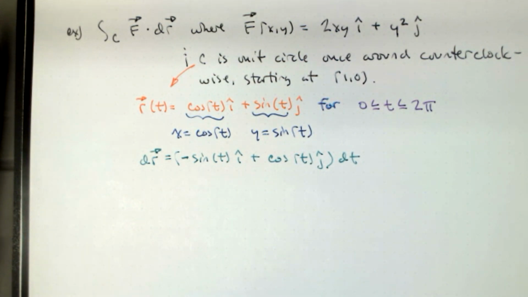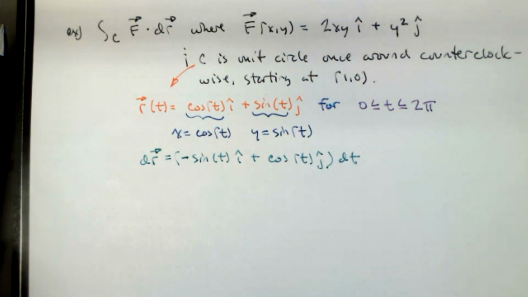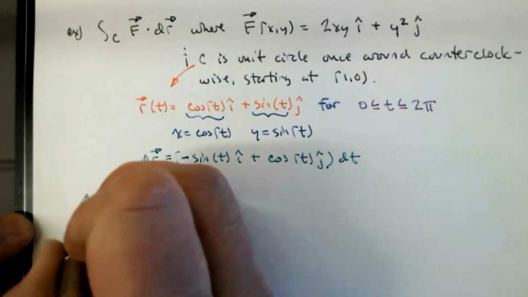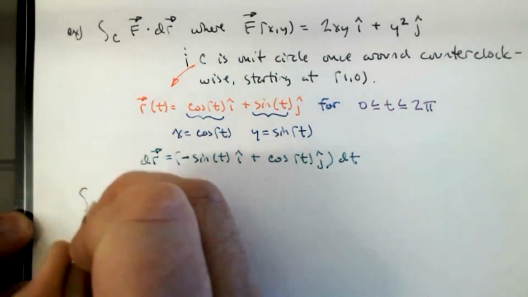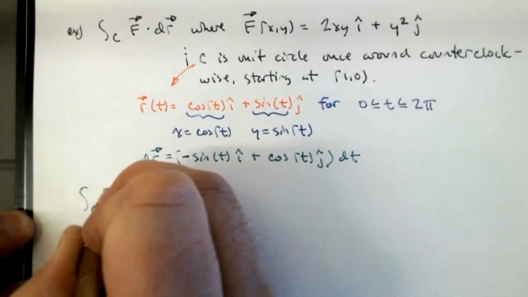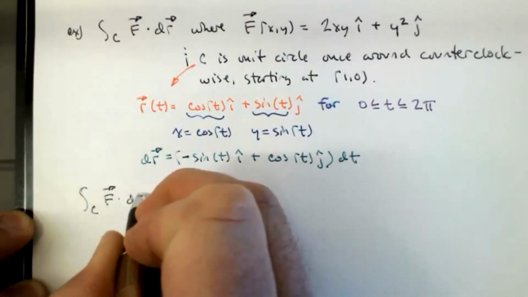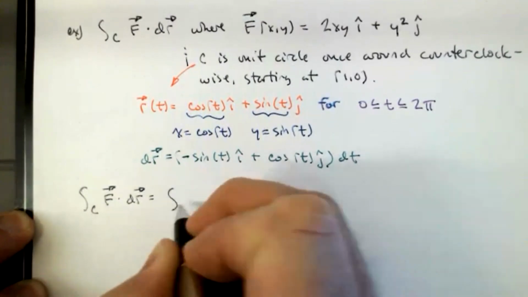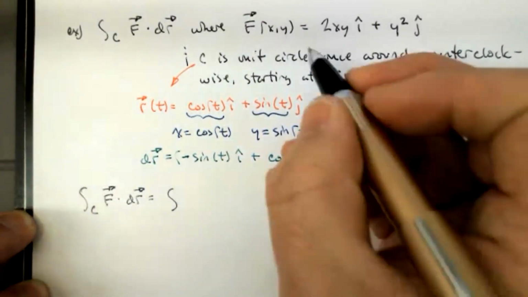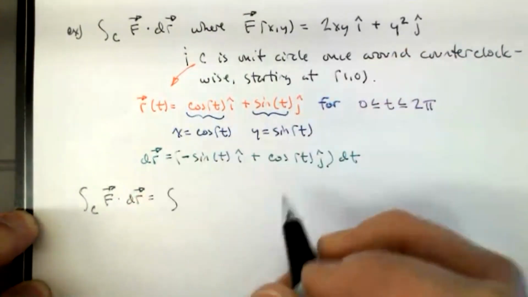Now we're ready to set up our line integral. We've got all the pieces. The vector field 2xy i plus y squared j. We evaluate that at all the points on the curve itself. So x is cosine, y is sine. So my integral over C of F dot dr. So I'm going to take F and evaluate it at r.